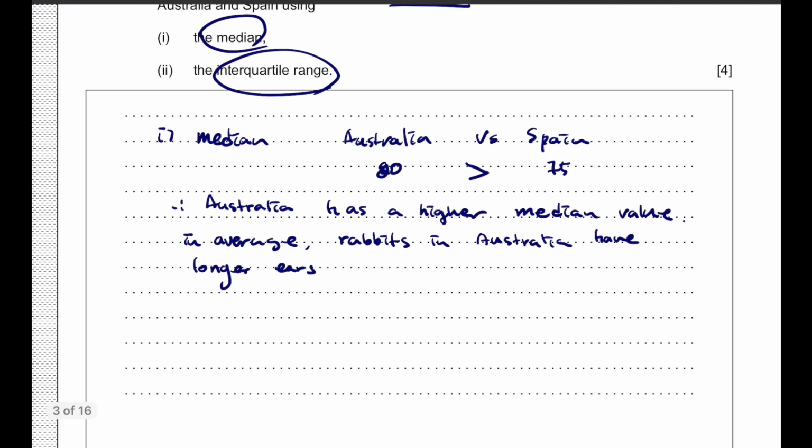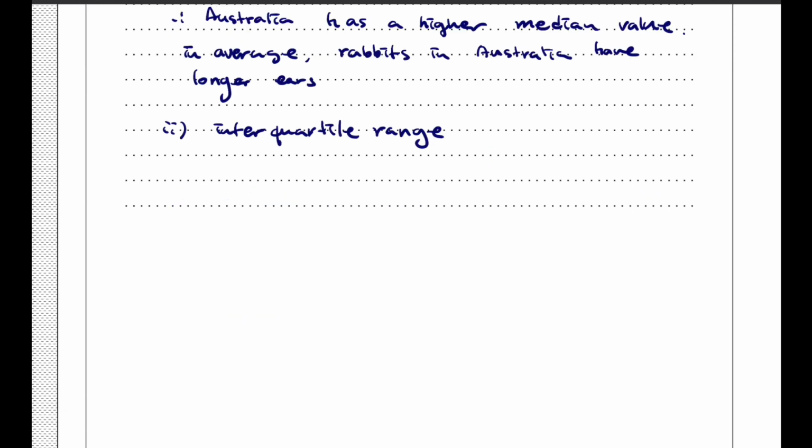Then let's look at the second question, II. We now have to use the interquartile range. When we compare the interquartile range for Australia and Spain, Australia has an IQR value of 11, and Spain has 16. The IQR value is higher in Spain.